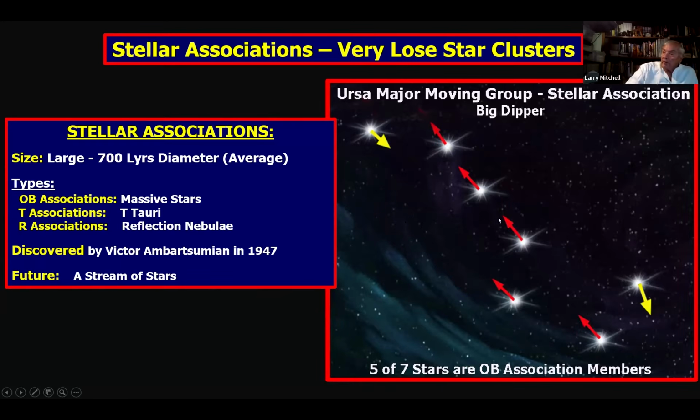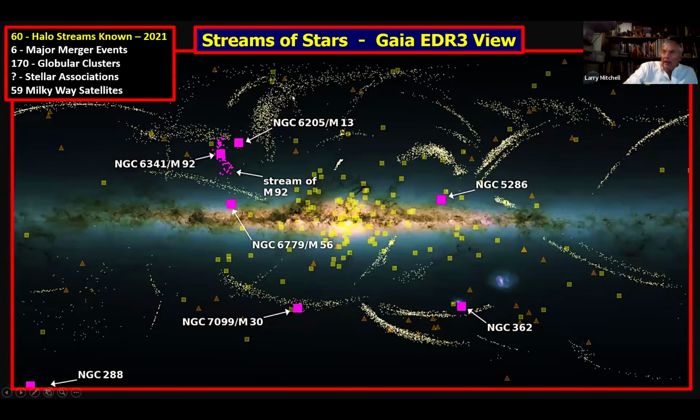These stars, as they are moving in general and in a loose configuration, will eventually form a stream of stars through the Milky Way galaxy. And by virtue of Gaia, here is our Milky Way galaxy, and this shows a lot of these stellar streams.